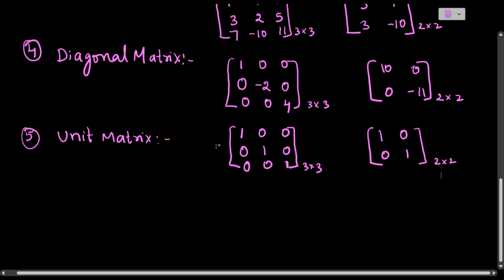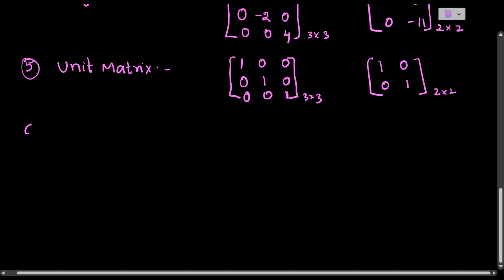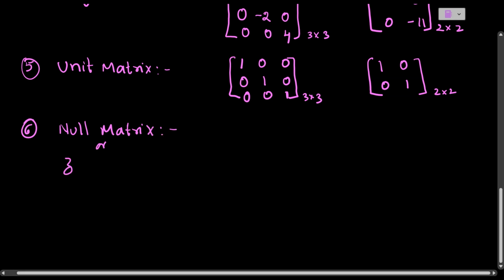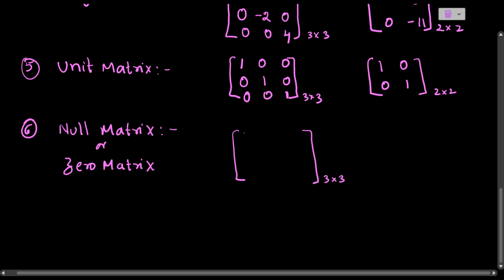Now, coming to the next one, that is null matrix. It has another name, zero matrix. What do you mean by this? Null matrix or zero matrix means all the elements inside a square matrix are zeros.